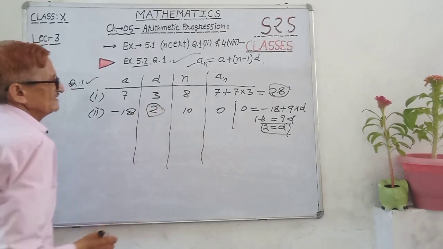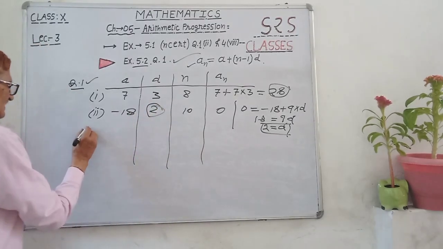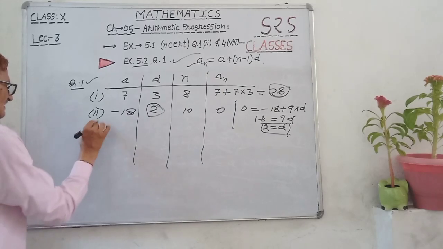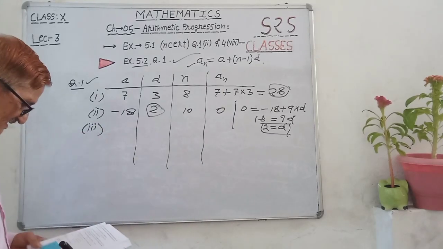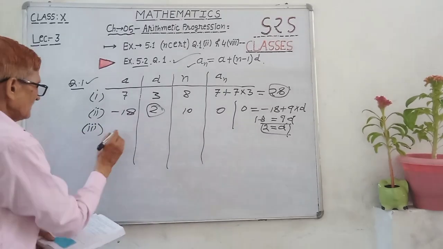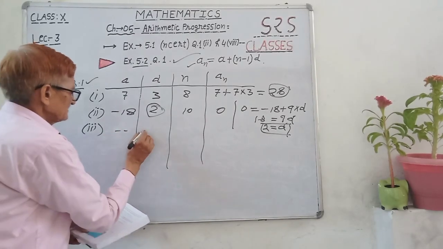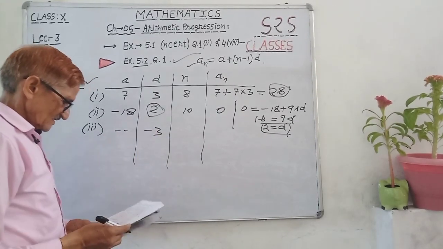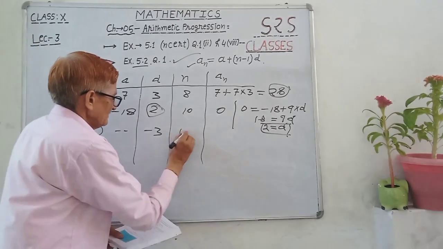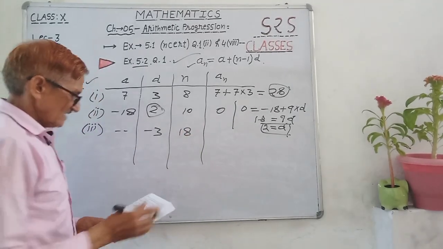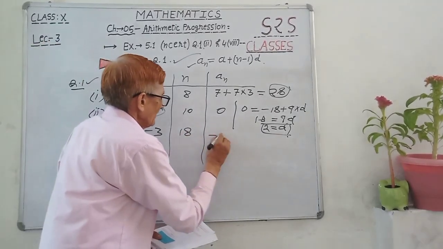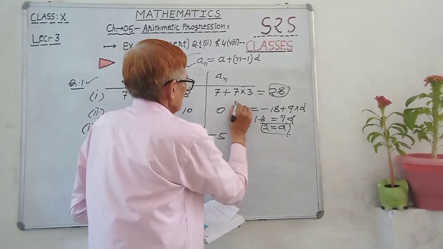So fill this, clear? Now after that, the third part. In the third part, we are asked to find A. D is given as minus 3, N is 18, and A_n is minus 5. So solve for this.